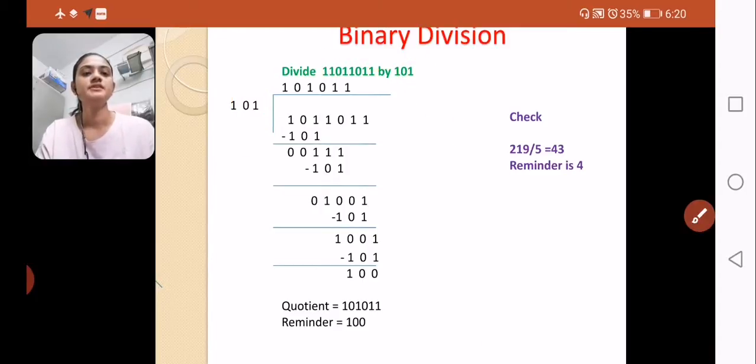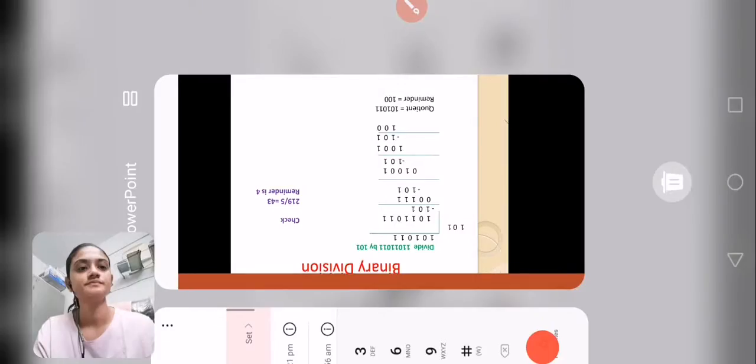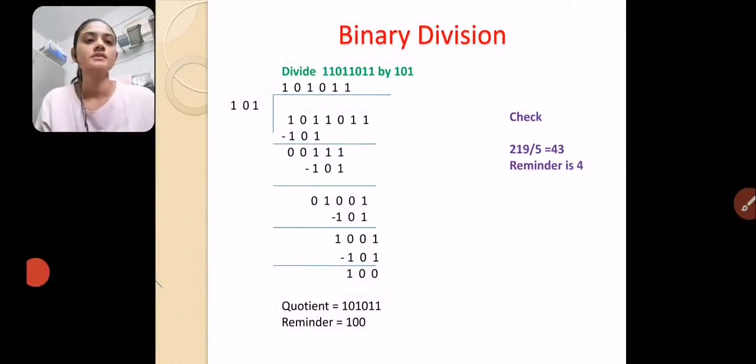Okay, so as we do in decimal, here you have to take 1 or 0 as the multiplication factor with the second number. So first of all, 101 will be multiplied with 1.